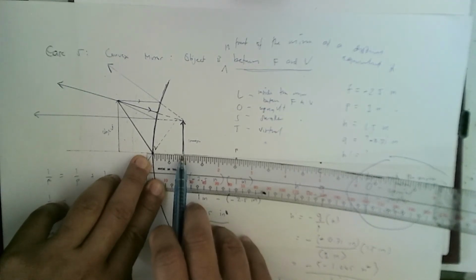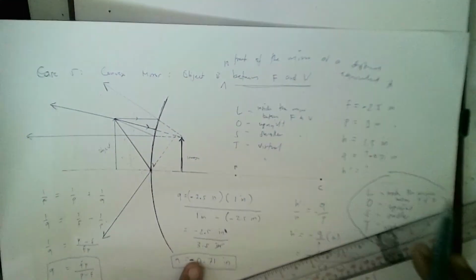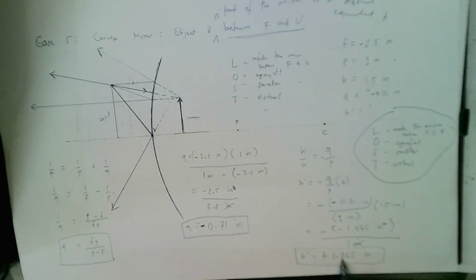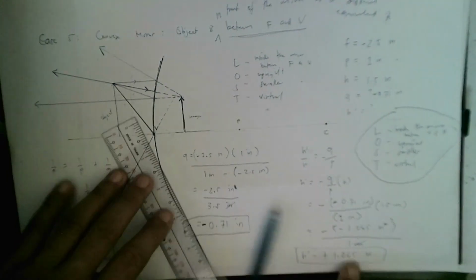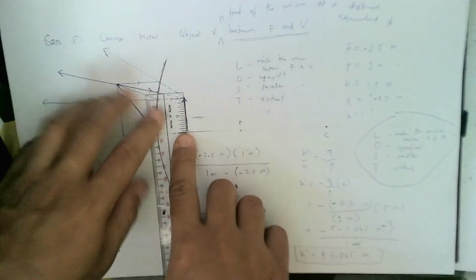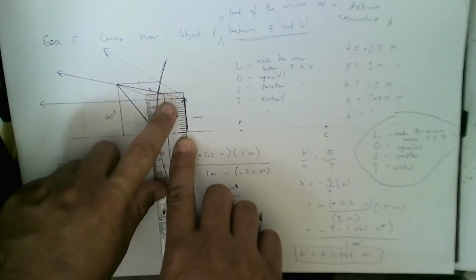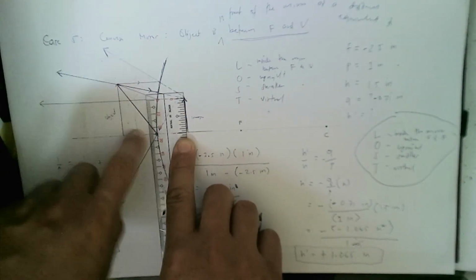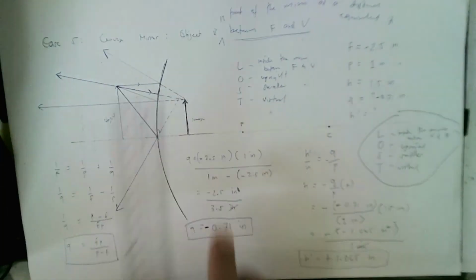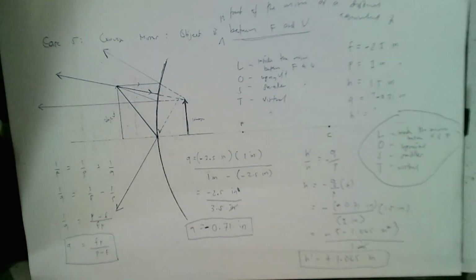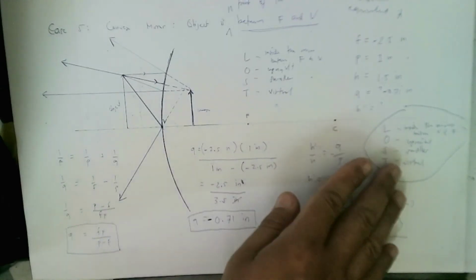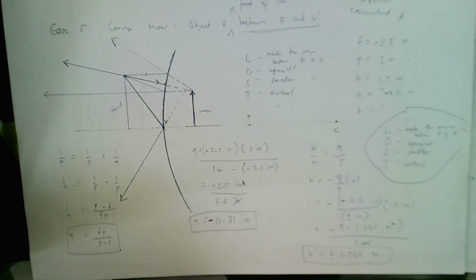So therefore, it should be less than 1 inch as calculated. How about the height? The height should be around 1 inch, right? Or more than 1 inch. So if you look at the height here, it's like that, 1 inch or more. And again, there are some inaccuracies because we are doing ray diagrams and we are using a non-parabolic surface. Okay? But the point that I'm trying to say here is that generally the ray diagram and the mathematical method agree with their results.